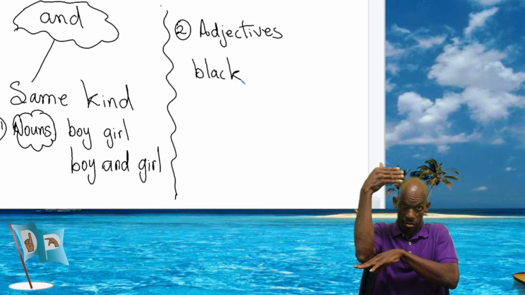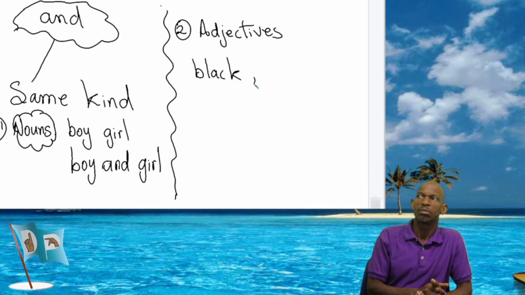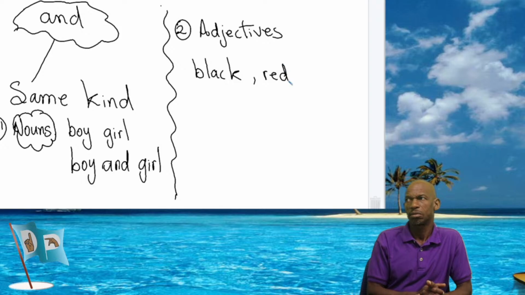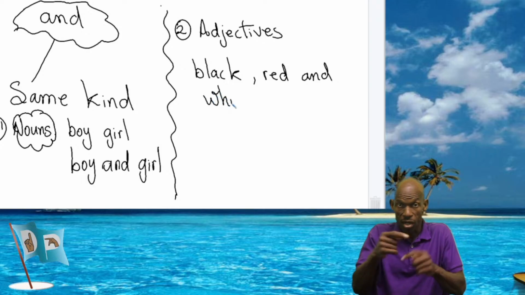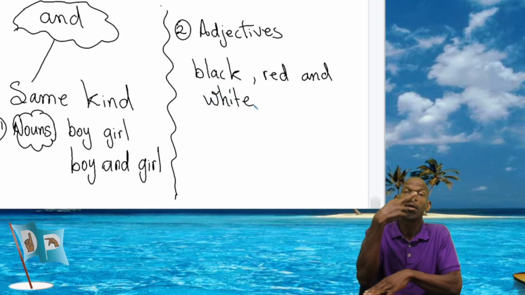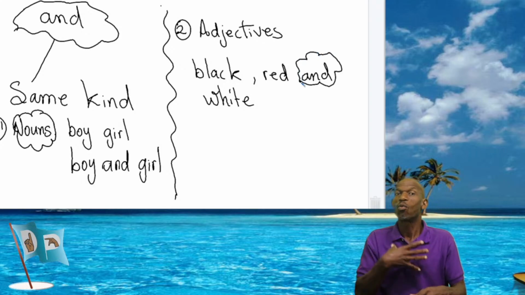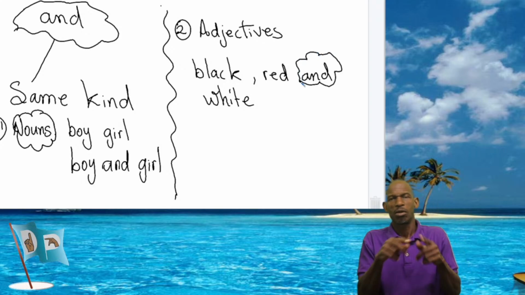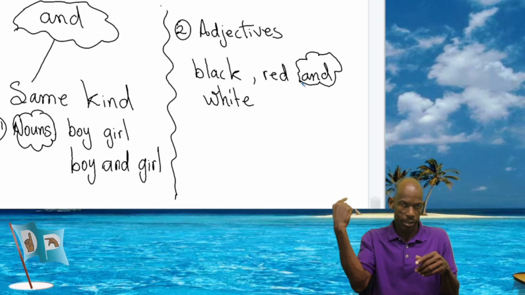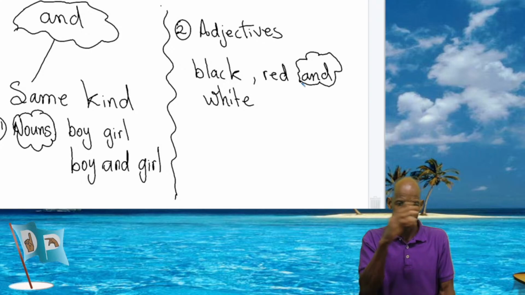Usually we say red first. I put in a comma, red and white. So we join all these colors by using "and". So adjectives. We use "and" in both English and sign language.